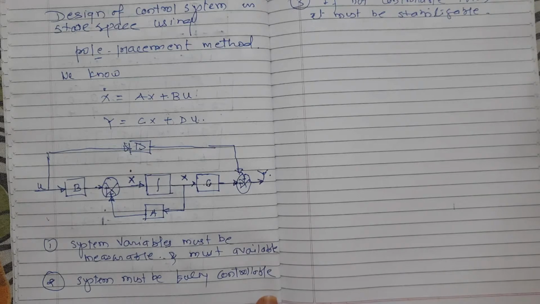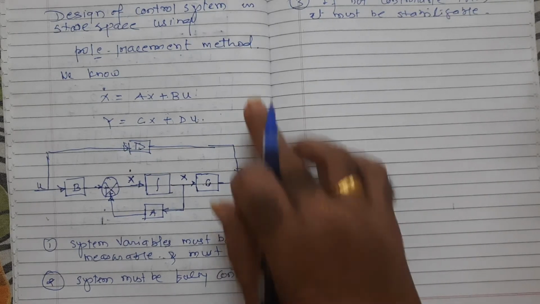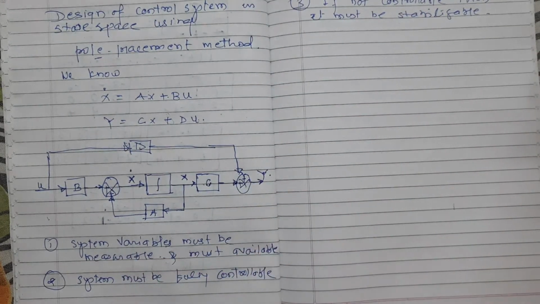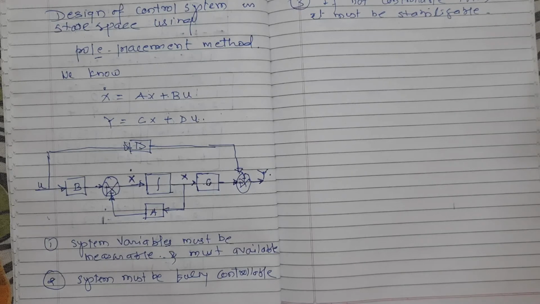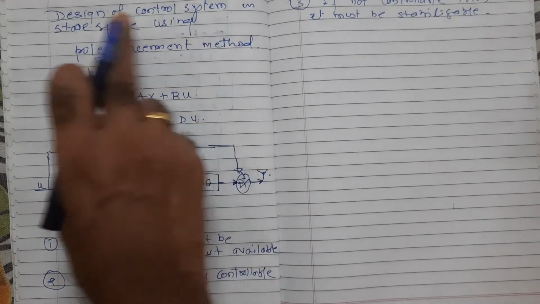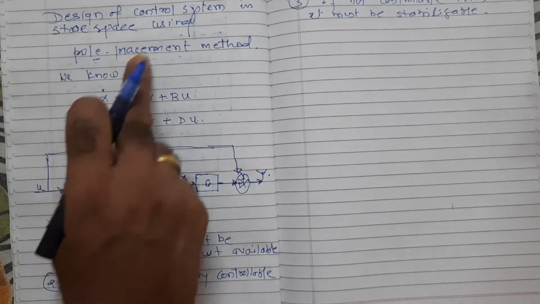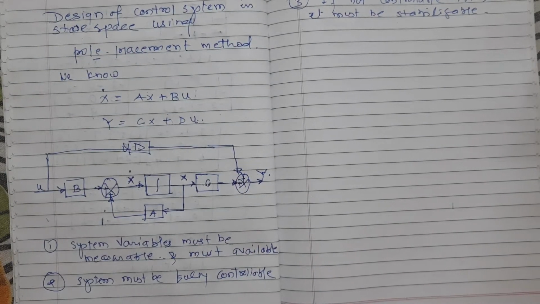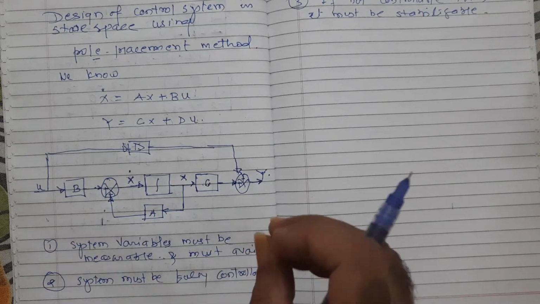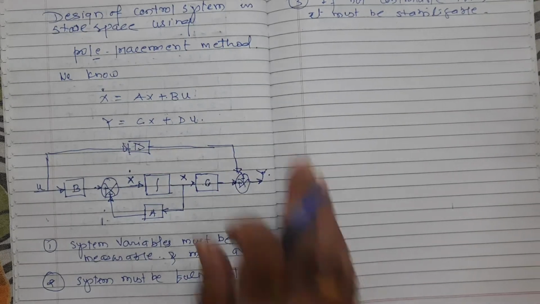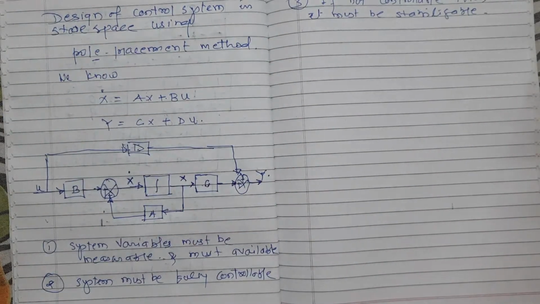But if it is not controllable, even though also we can have a stabilizable system, so if it is not controllable, then it must be stabilizable, that means my system must be stabilizable at least, and then only we can design the control system using the pole placement method. These are some of the conditions which have to be satisfied, and then only we can design the system using the pole placement method.